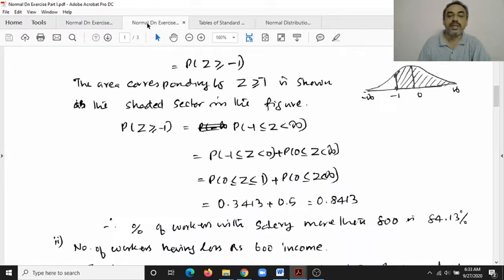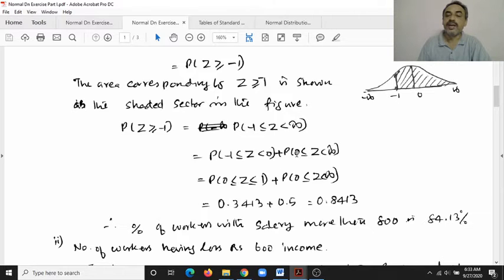That is, here we consider an equivalent sector of minus 1 to 0 on the right side. Minus 1 to 0 has an equivalent sector 0 to 1 because minus 1 and plus 1 are equidistant from 0, or plus 1 is the image of minus 1 on the right side. So the minus 1 to 0 probability will be the same as the 0 to 1 probability, that is, 0 less than or equal to z less than or equal to 1.